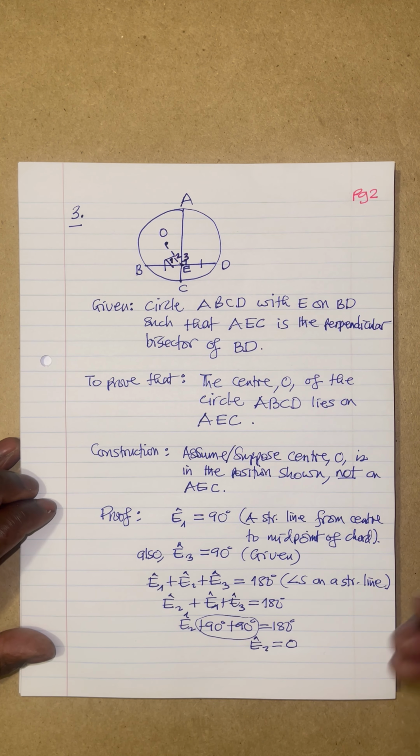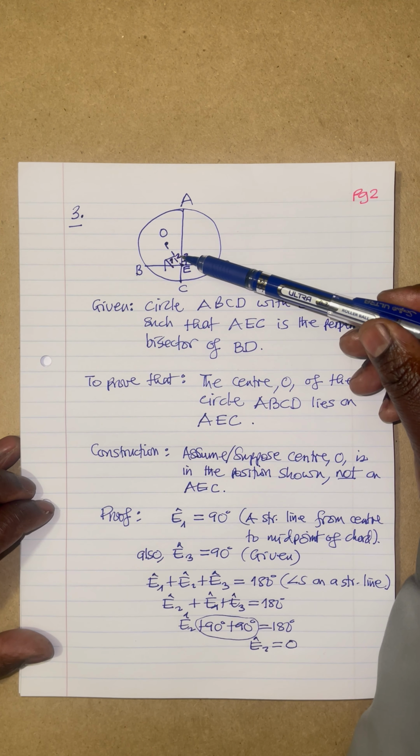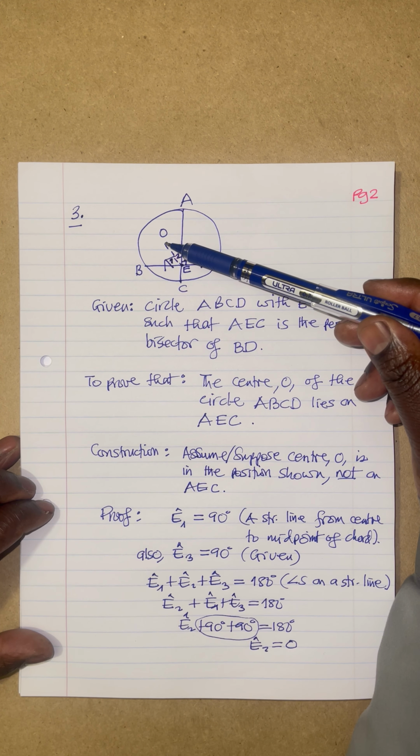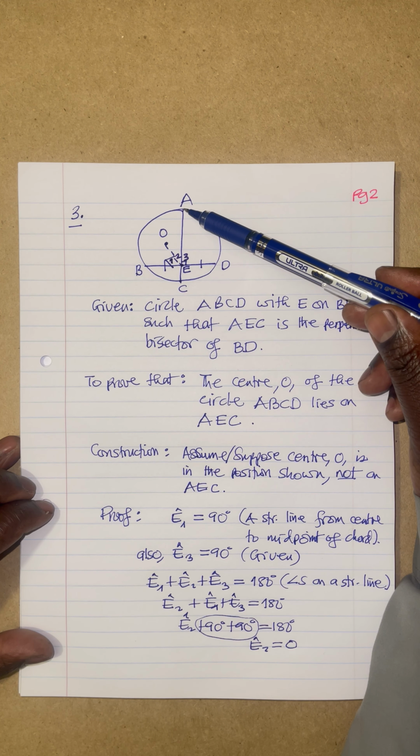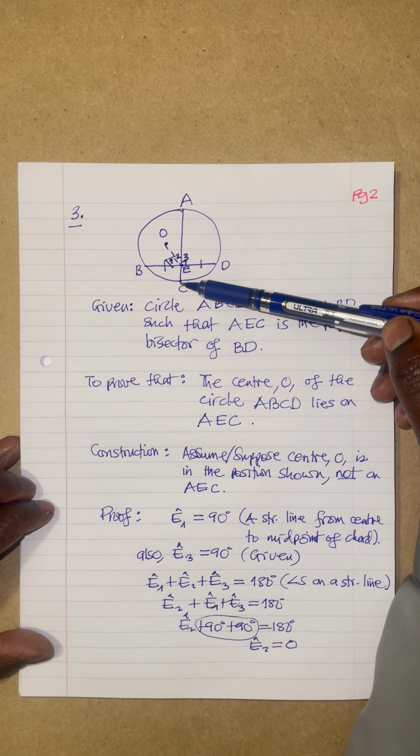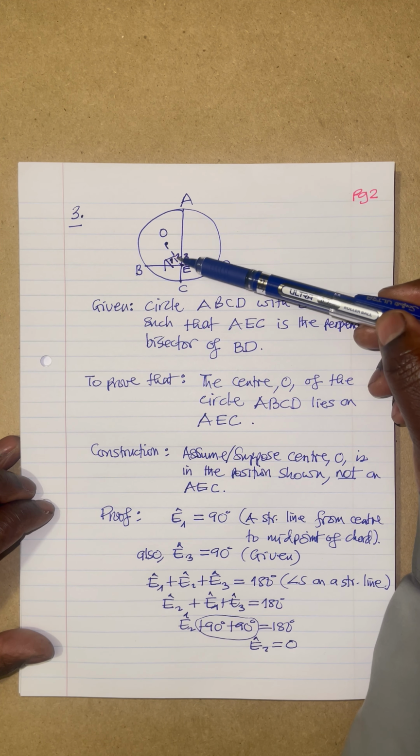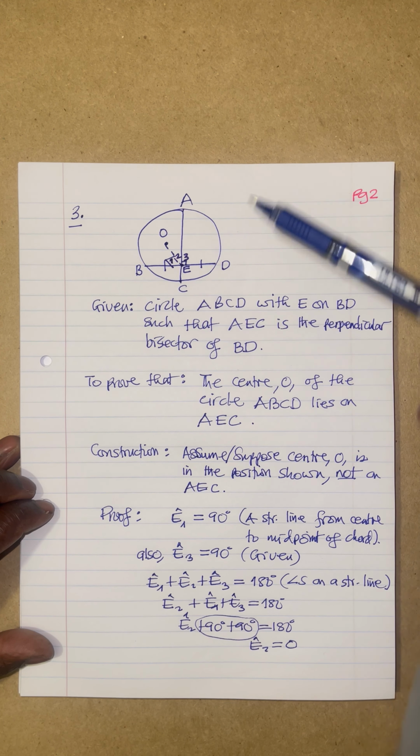So let's go back to the diagram. The only way that E2 can be 0 is when OE coincides with AEC, and therefore O must be on AEC. And that is how we prove it.